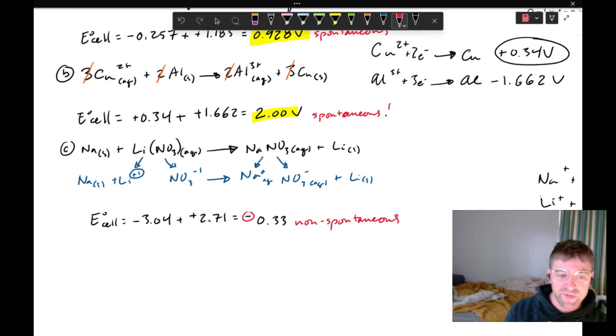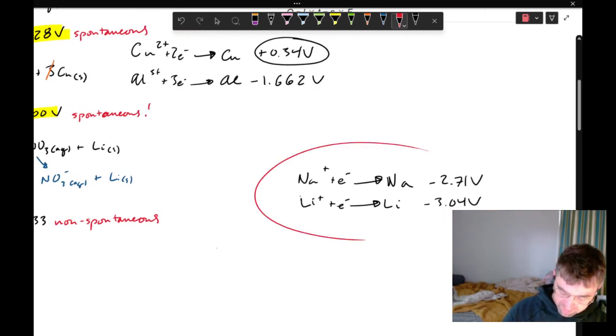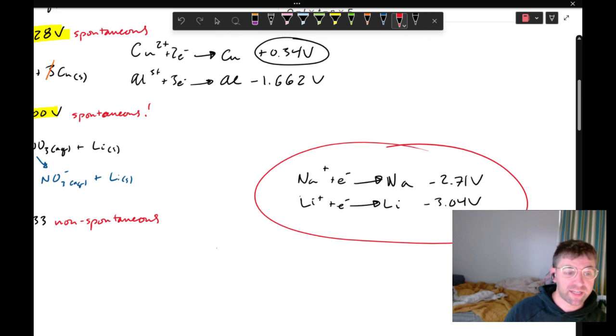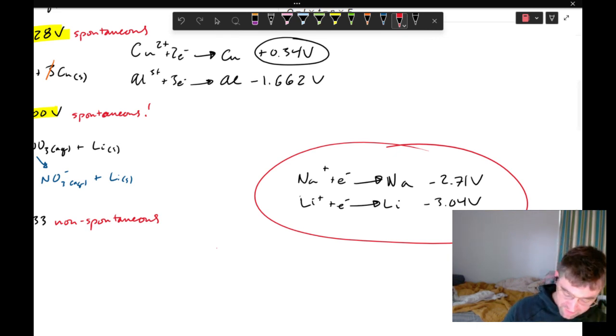And I want to reemphasize, you have to be very careful with your signs. As long as you are doing E naught cathode, the standard cell potential of the cathode minus the anode, you don't have to change the signs from these tabulated values where the electrons are on the left of their respective half reaction equations.